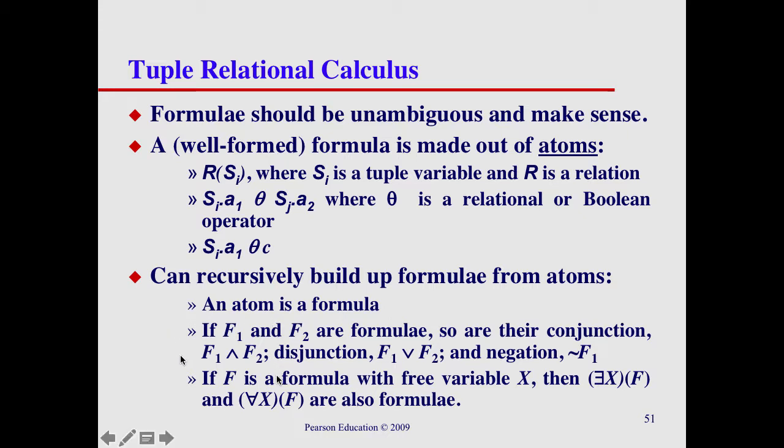And then if you have a formula with a free variable x, you can turn it into a formula with x as a bound variable by saying either there exists x F or for all x F. So pretty simple. Those are the formula in the relational calculus.